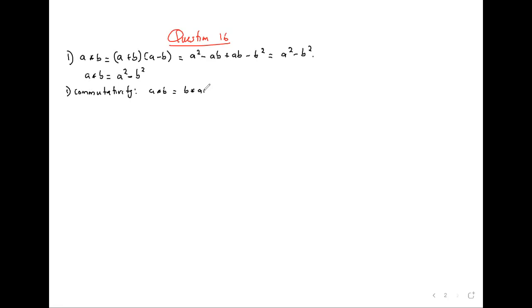So we'll go to the right hand side, because we read at the left hand side and pick B star A is B squared minus A squared. This is not equal to A squared minus B squared, which is equal to A star B, the left hand side. Star is not commutative.